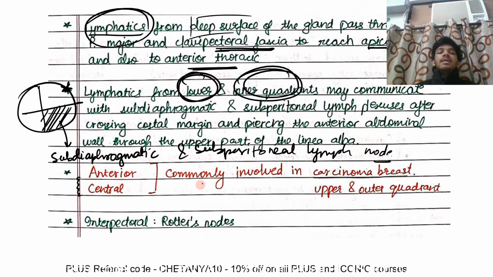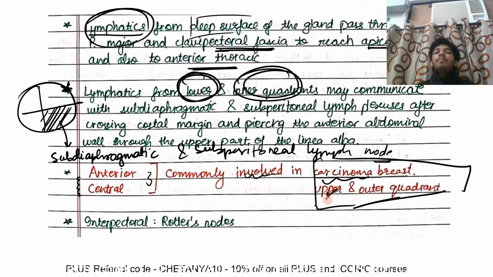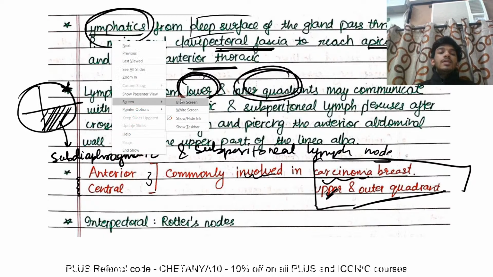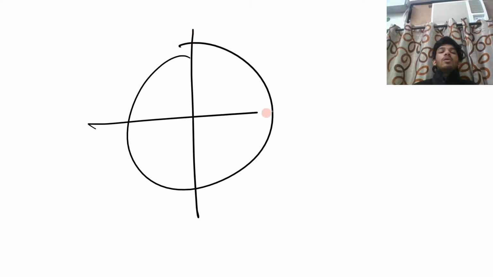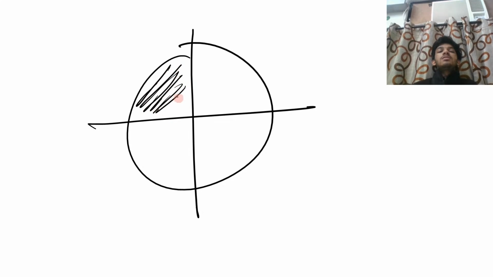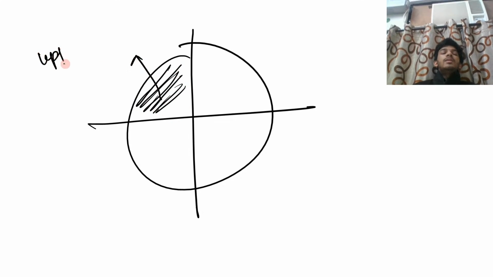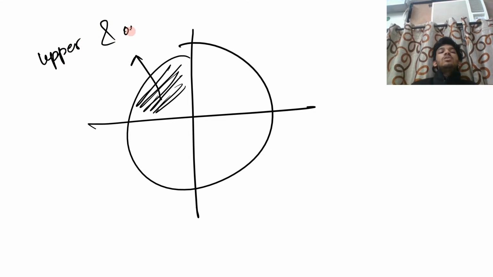The anterior and the central group of lymph nodes are commonly involved in carcinoma of the breast, which also commonly involves the upper and outer quadrant. One question that may be asked: what is the quadrant of the breast most commonly involved in carcinoma of the breast? The upper and outer quadrant.